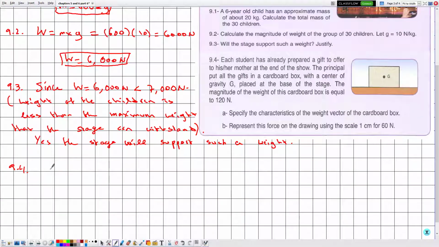So we are talking about the weight W, and we need to list the point of application, the line of action, the direction, and the magnitude.